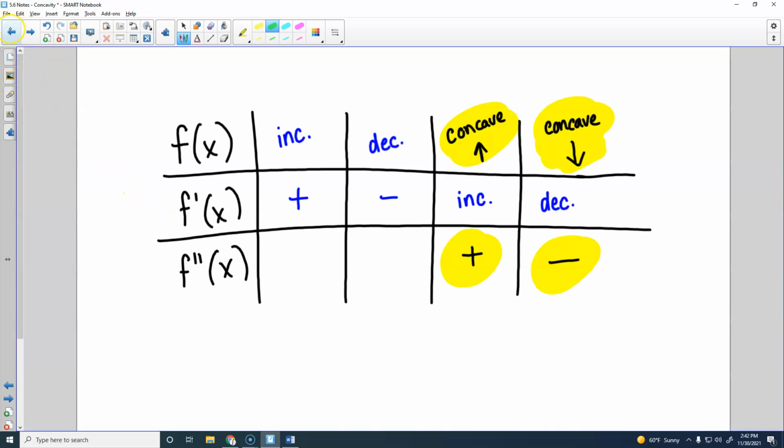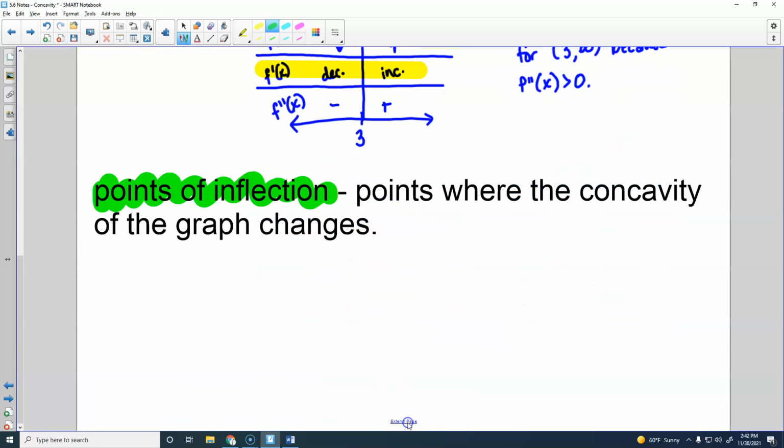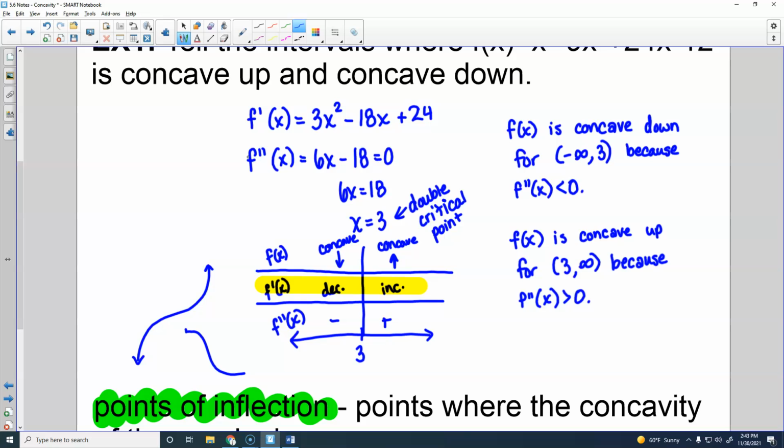It's a point of inflection. So what happens there for this one? You're going from concave down to concave up. So that looks like this. Concave down, concave up. Or I guess it could look like this. Concave down, concave up. I'm not sure if this function is increasing or decreasing.